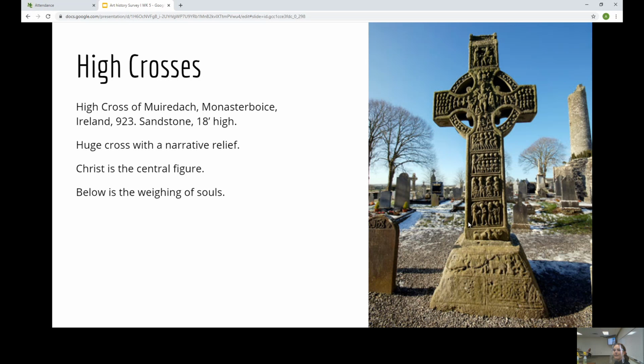And then, of course, around him are scenes of, well, the Last Judgment. He's weighing souls. Because that's a positive image when you die. It is going to be a popular theme in Christian art, the weighing of souls. That is the process of Christ judging whether or not you get to go to heaven or hell.